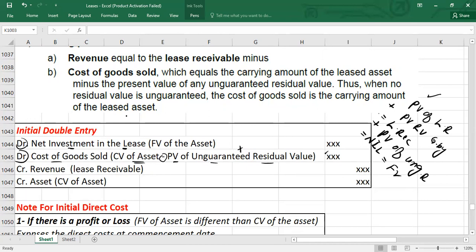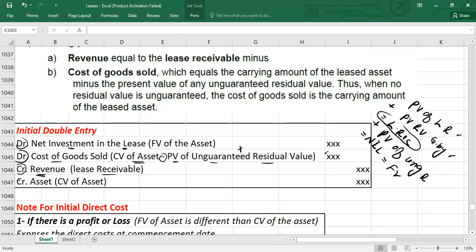So this amount you will debit. And for the credit, you will book the revenue. Revenue is always equal to lease receivables, which include the present value of lease rentals plus the present value of residual value guaranteed by the lessee or a third party.